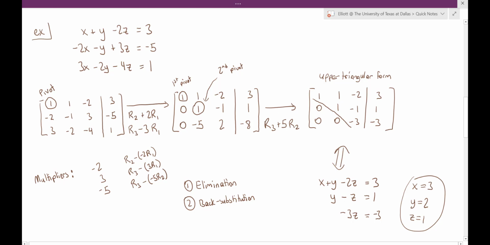Keep going until you get the upper triangular form, meaning you have zeros beneath the diagonal. Then write out your corresponding system of equations and back substitute to get the solution. And then when asked for multipliers, remember that the multipliers, assuming you write your row operations the way that I do, are the opposite of the numbers that you used in your row operations. Okay.